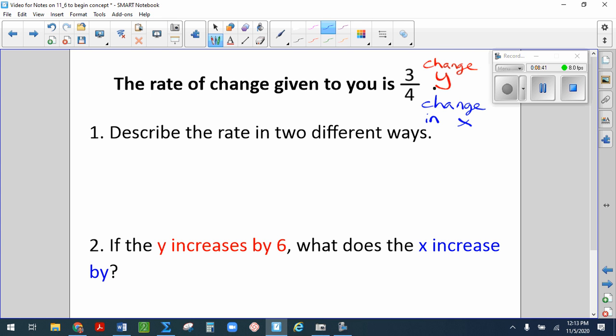So you could say, as y increases by 3, x increases by 4.